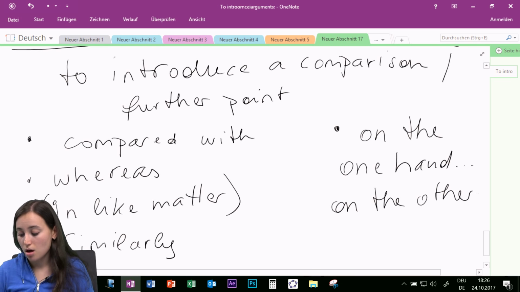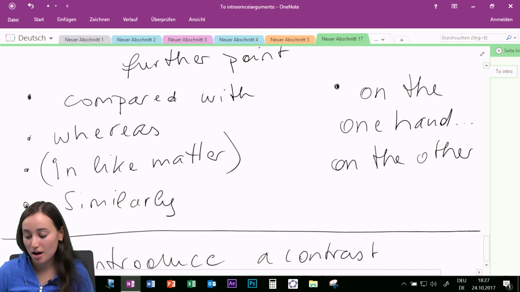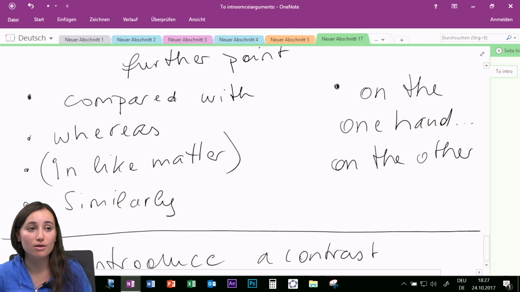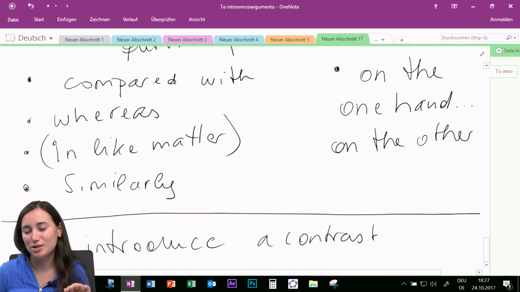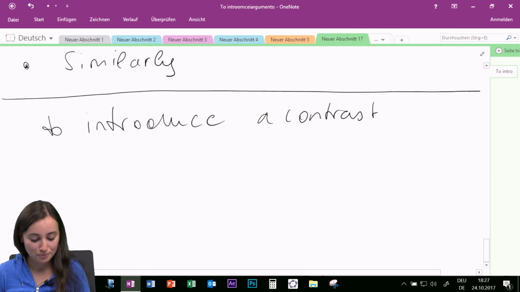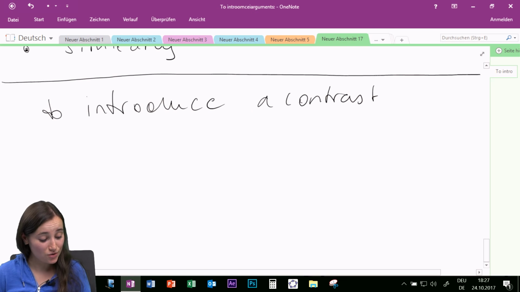For example, on the one hand, traveling is very important for your health. I don't know if it's true. On the other, it can also cause a lot of damage. But you don't really need to pay attention to the sense of the sentence, but how I used it.